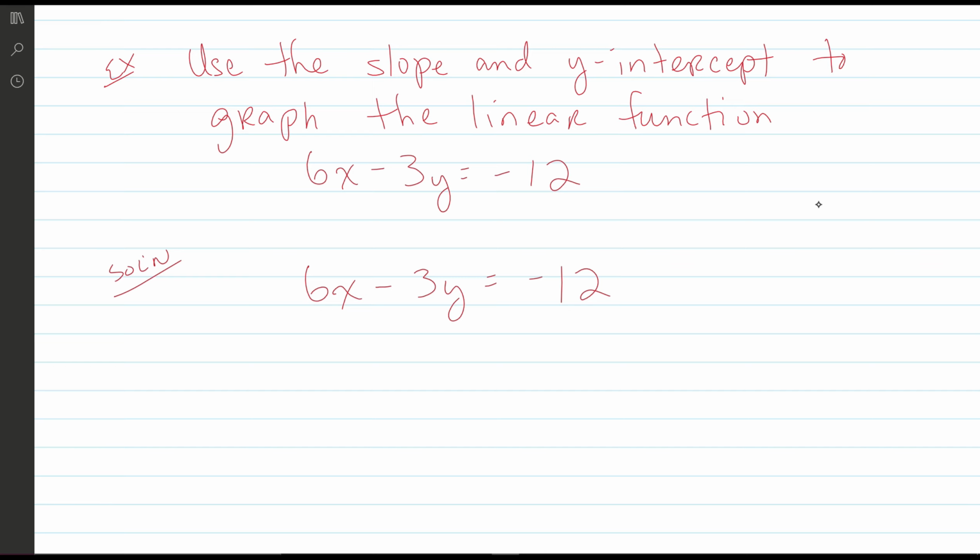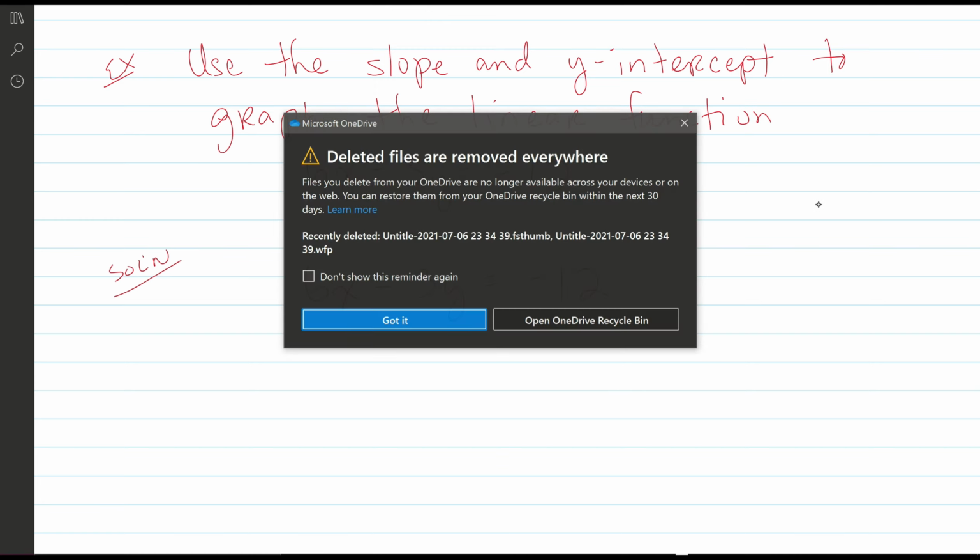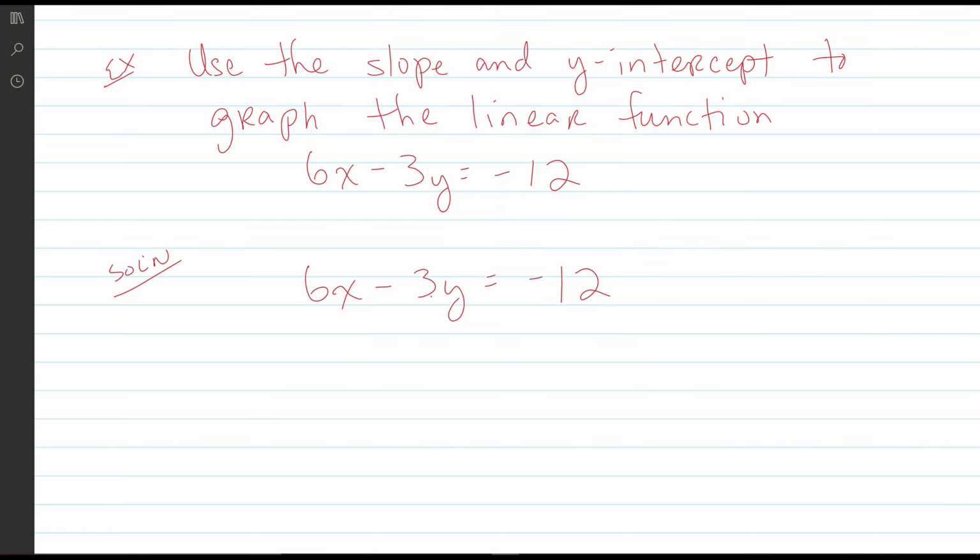Where the x term and the y term are on the left and the constant is on the right. That was the third form of the equation of a line that we looked at the beginning of this mini lecture. So we need to put this into slope-intercept form, y equals mx plus b form.